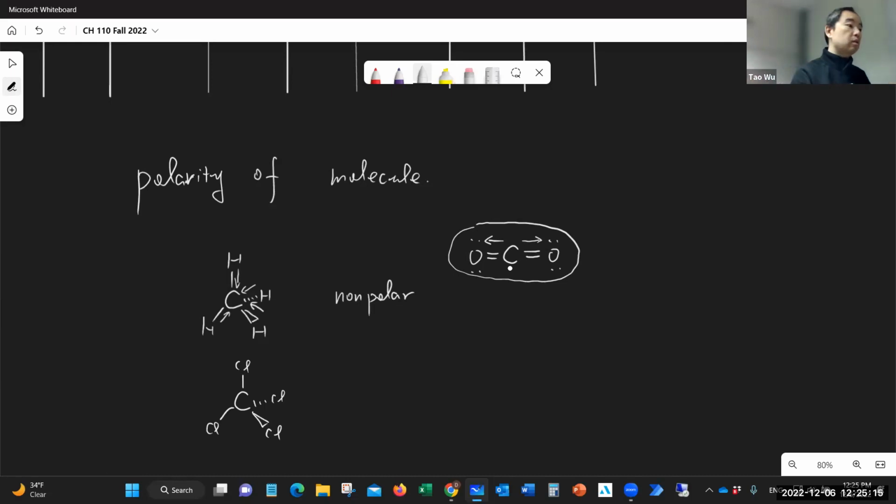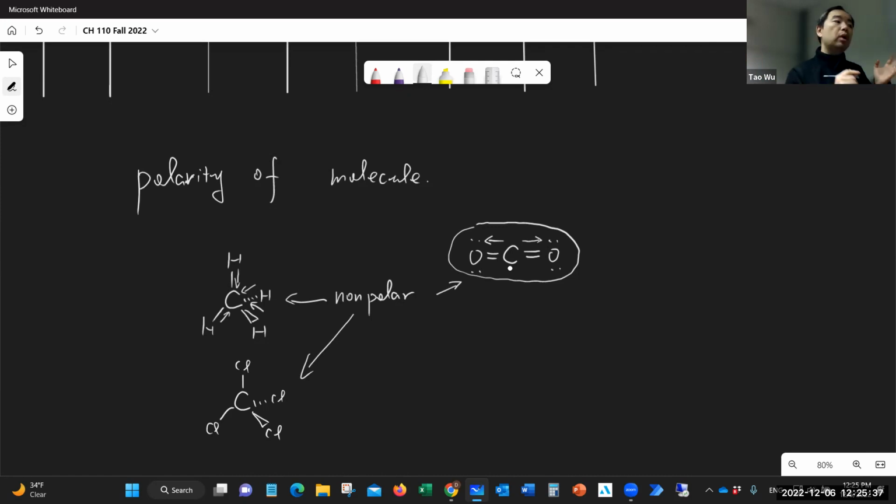Okay, so this is also a non-polar molecule. So the conclusion is, if you see a molecule that is very symmetric, every side is symmetric, for sure this molecule is a non-polar molecule. It's not going to show any polarity.